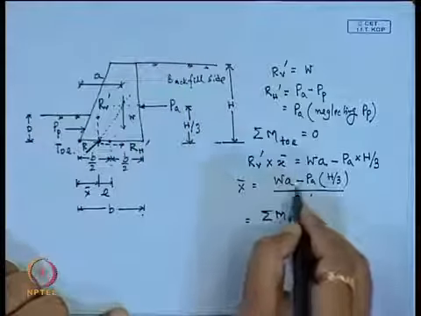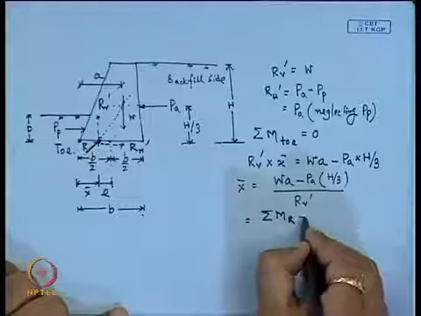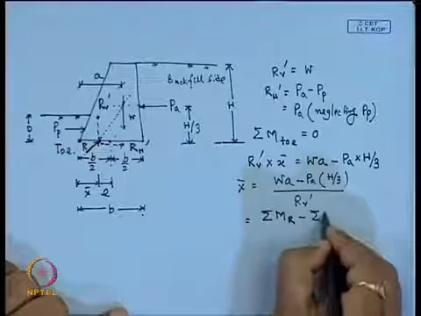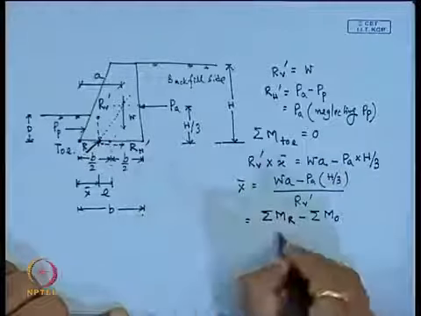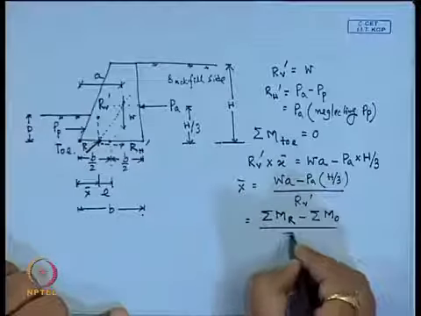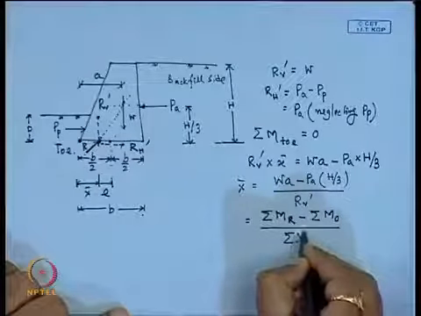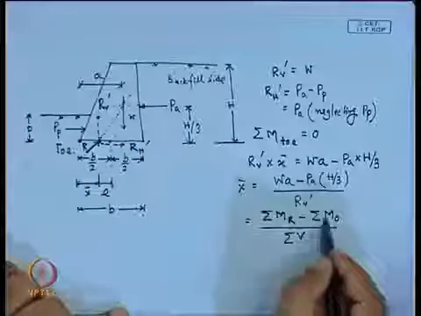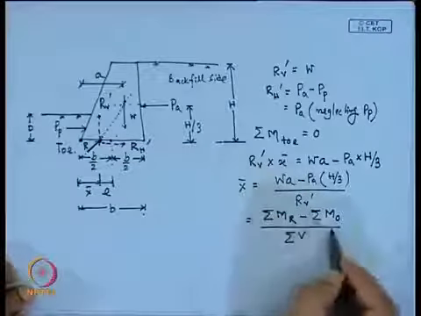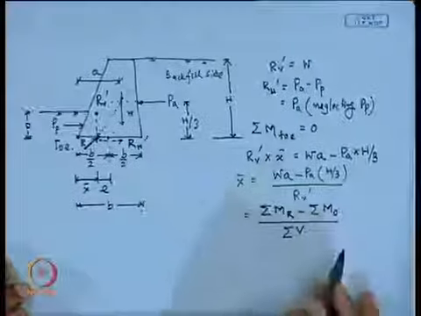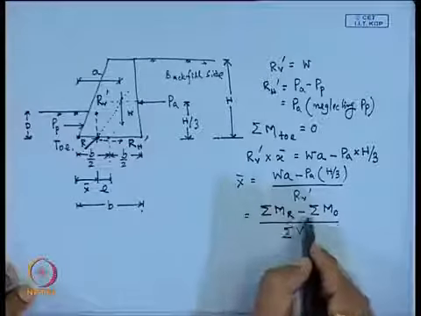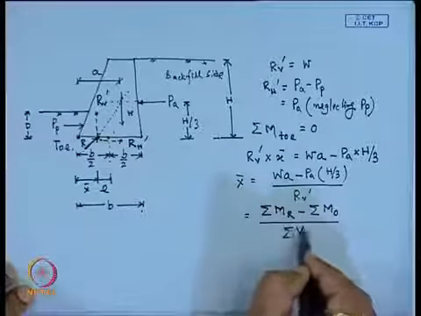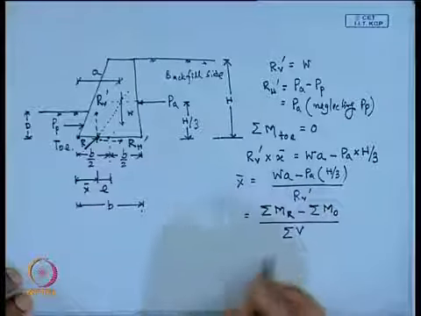So, that moment is the resistive moment minus the summation of the overturning moment, M_o, divided by all the vertical forces. That means we can calculate x bar as the summation of resistive moment minus the summation of overturning moment, divided by the summation of vertical force.